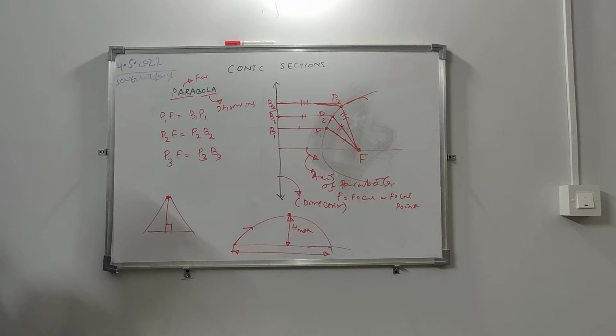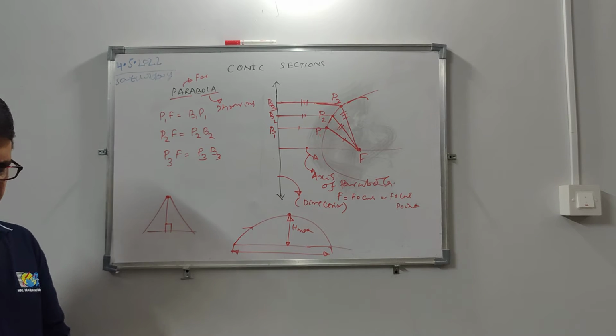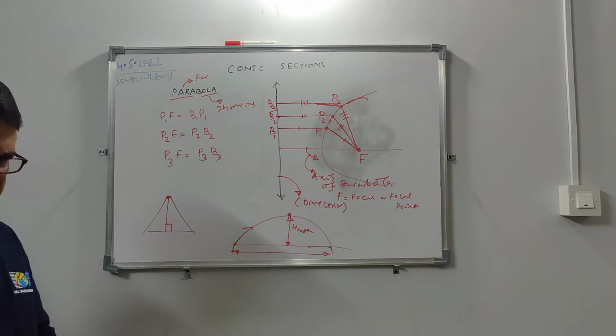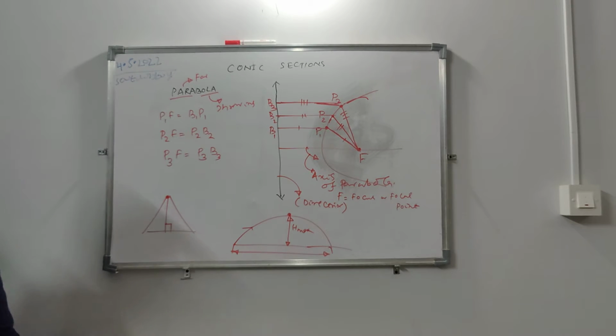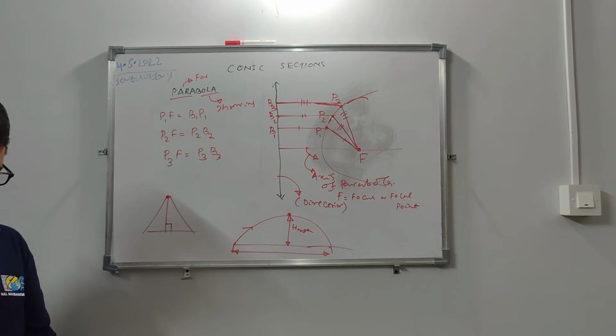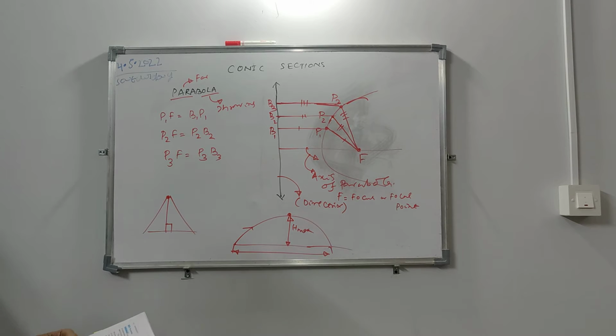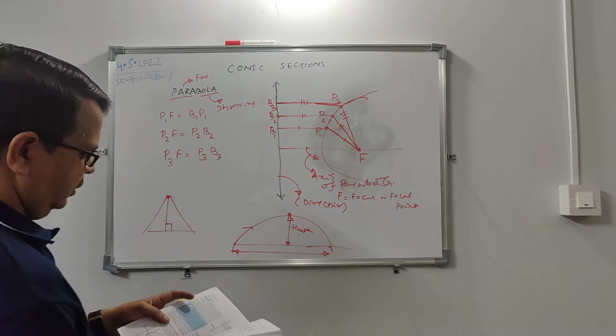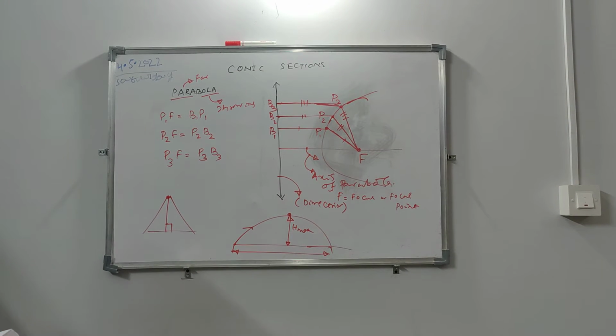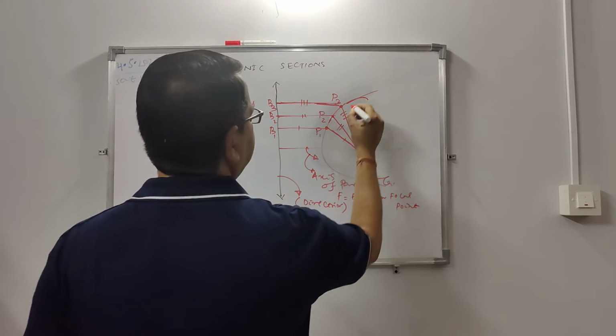So the line passing through the focus and perpendicular to the directrix is called axis of parabola. The point of intersection of parabola with the axis is called vertex of parabola. So this is my axis and this is my parabola.